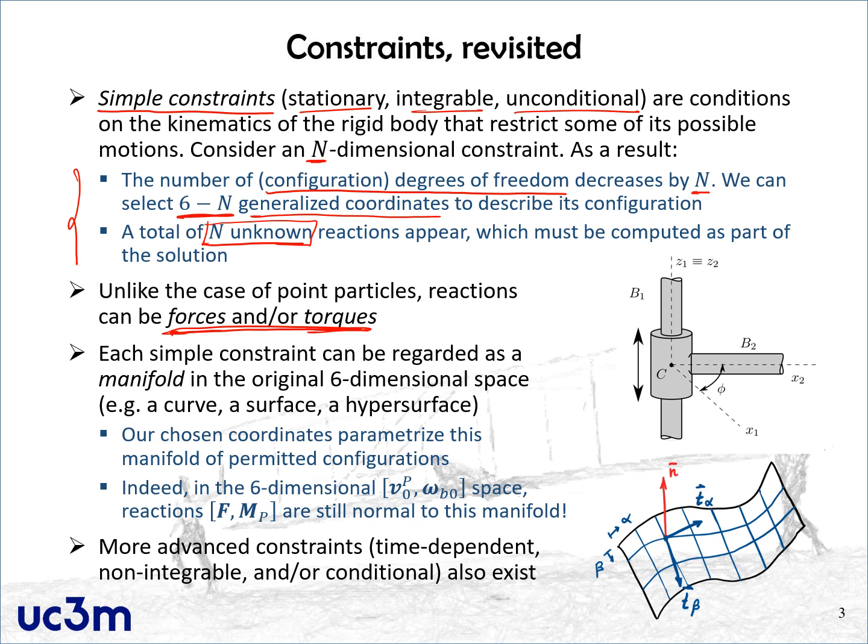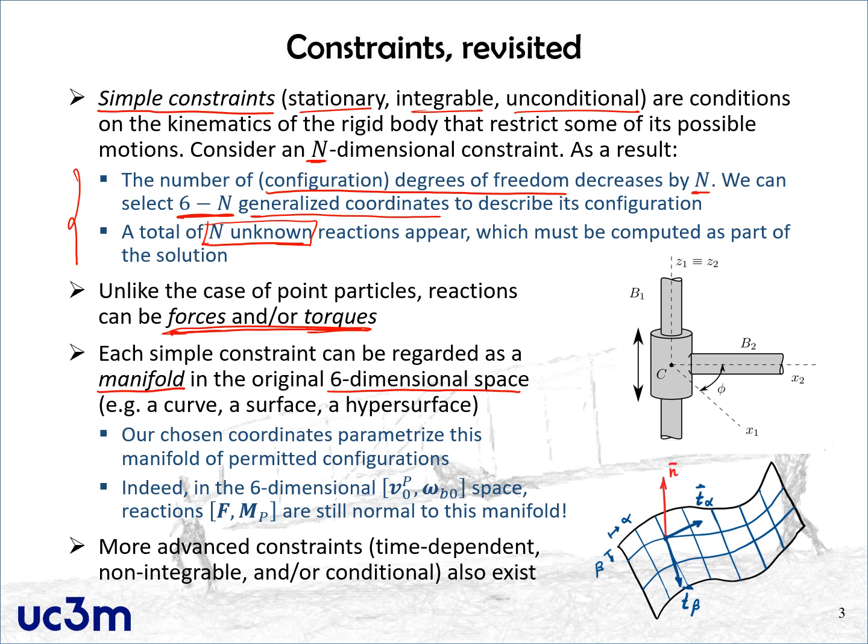A little bit more advanced view on constraints is to think again in terms of the configuration space. So if we start with our initial 6-dimensional space for a free rigid body, each constraint will be a manifold on this configuration space. What is a manifold? Well, essentially it is a generalization of a curve, a surface, or other objects in this higher dimensional space.